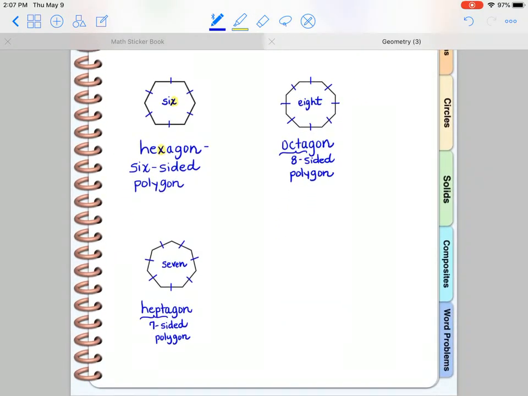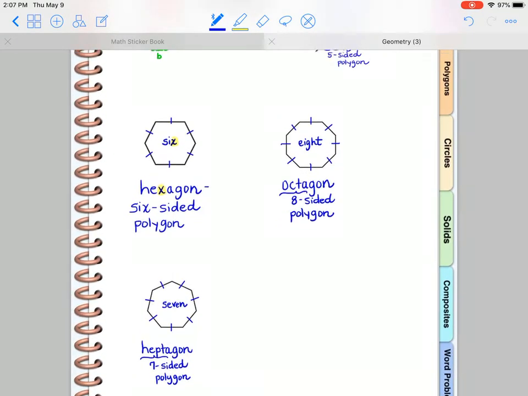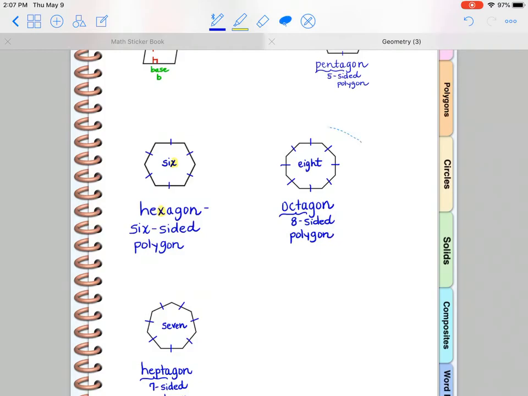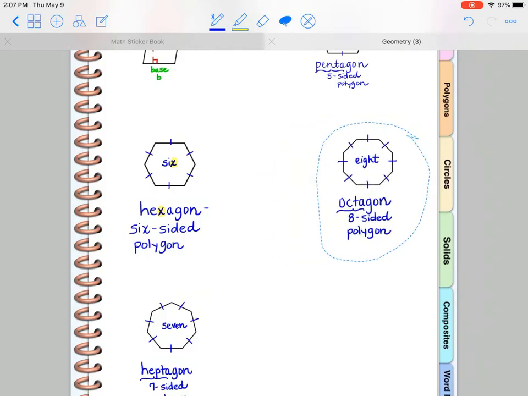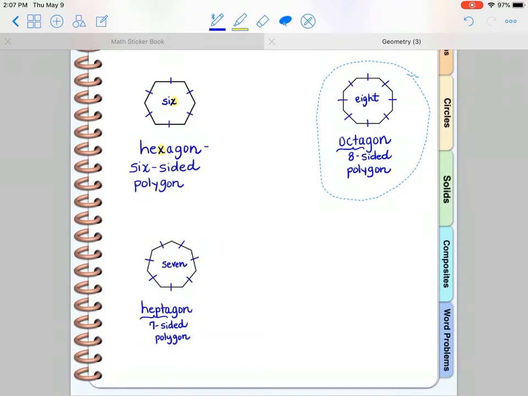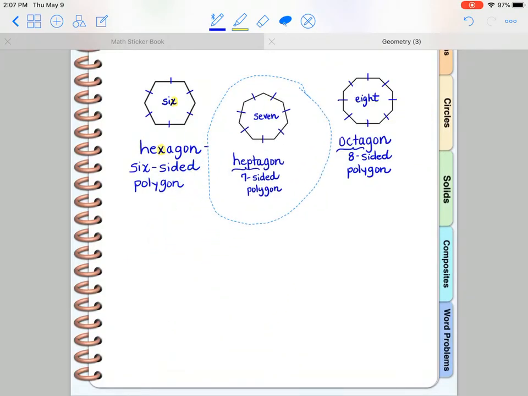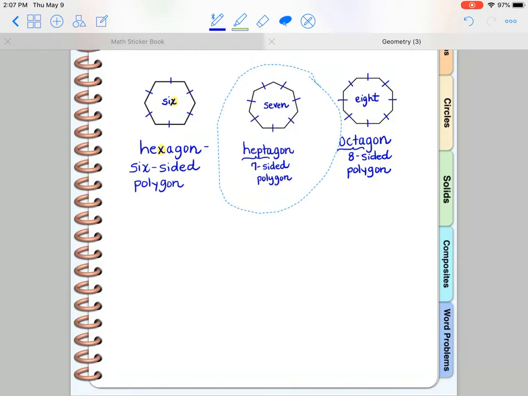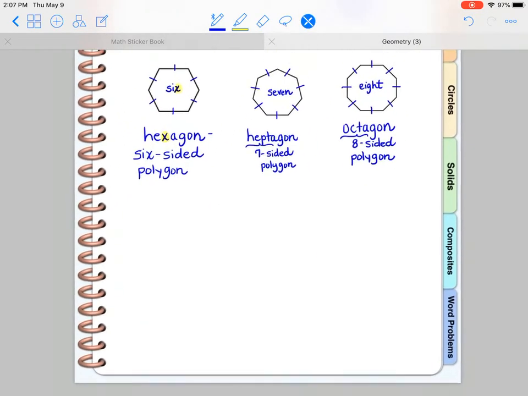And just for your reference, let me rearrange this because I need to tell you one other thing that I haven't thought about here. So let me create a little more space. And I will tell you for 9, the term is nonagon. And I didn't draw one of those. I don't think Microsoft Word has one. But a nonagon, nona is 9.